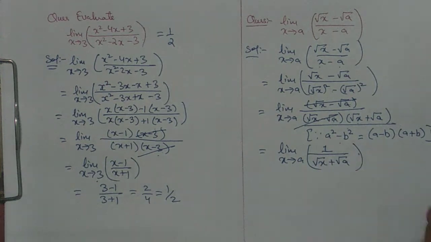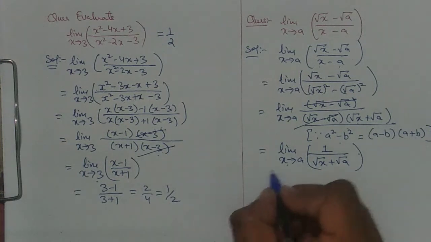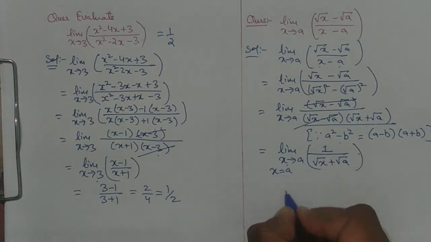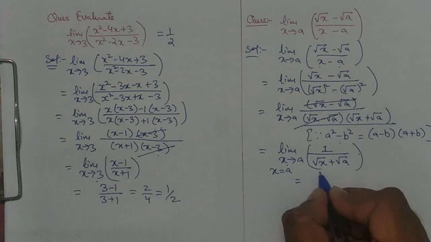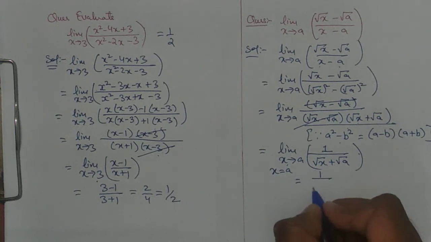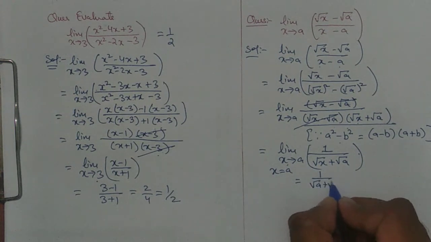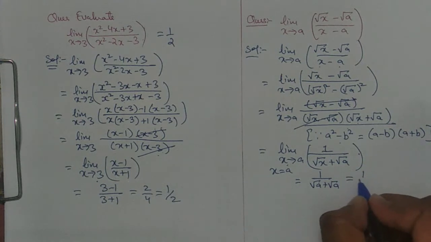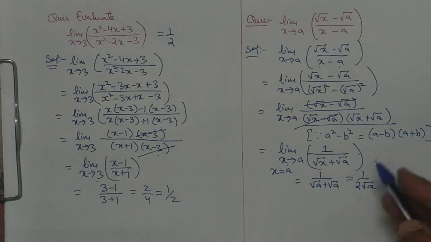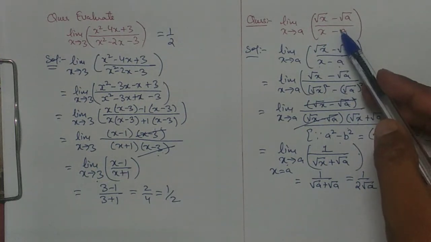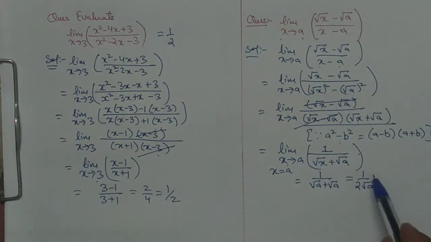So in this function I will substitute the value x equal to a. So I'll get 1 upon root a plus root a, which is equal to 1 upon 2 root a. So the limit of this function as x tends to a is 1 upon 2 root a.